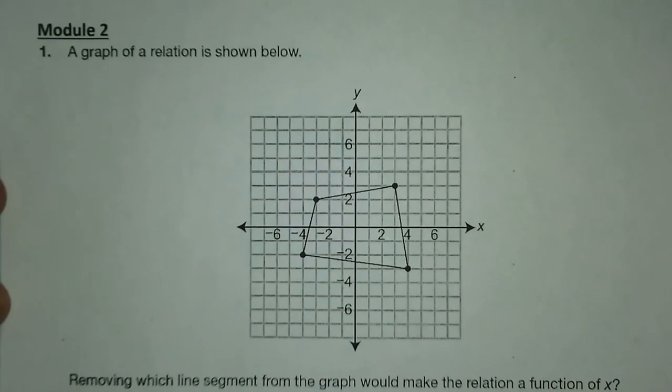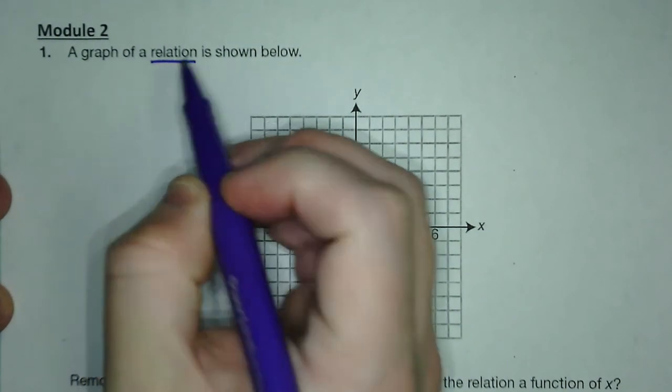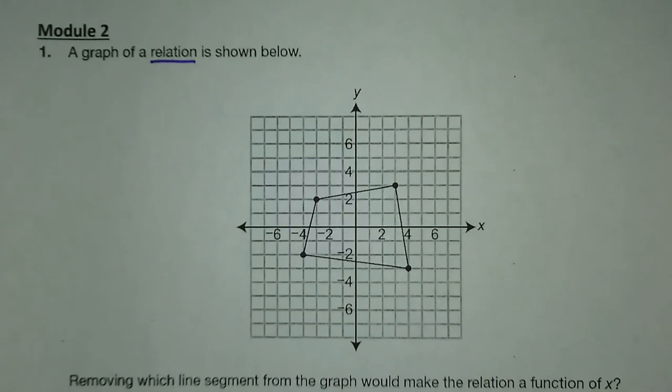Number 1 talks about how a graph of a relation is shown below. Okay, don't overthink the word relation. It is a fairly specific vocabulary word, but for something to be a relation, all it needs to really do is involve x and y.